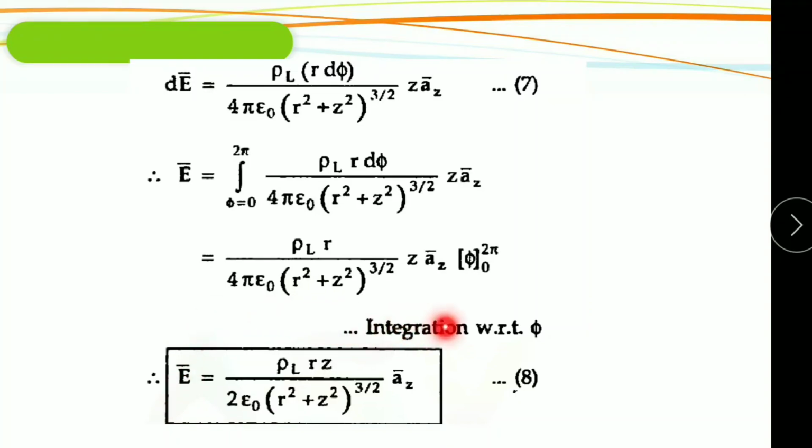Now this is the final expression for the electric field intensity due to the circular ring: E bar is equal to rho L r z over 2 pi epsilon naught (r square plus z square) whole power 3 by 2, times aZ bar.